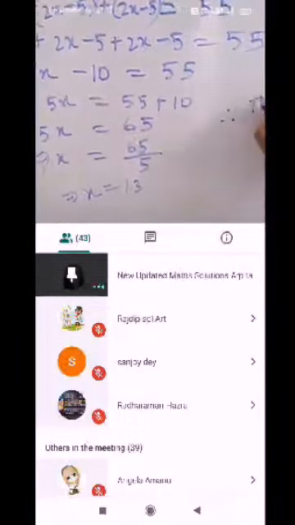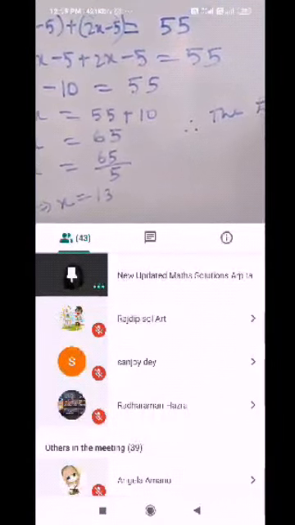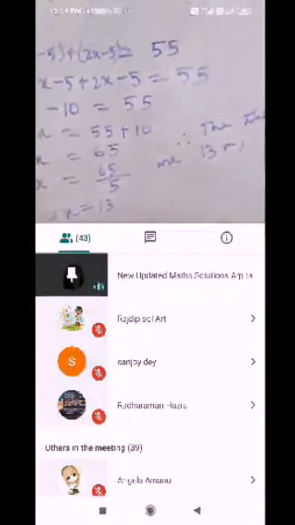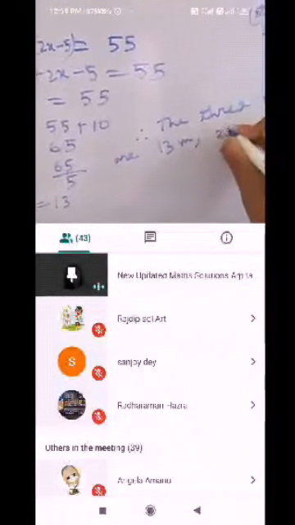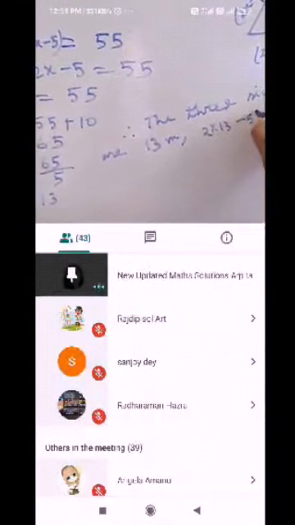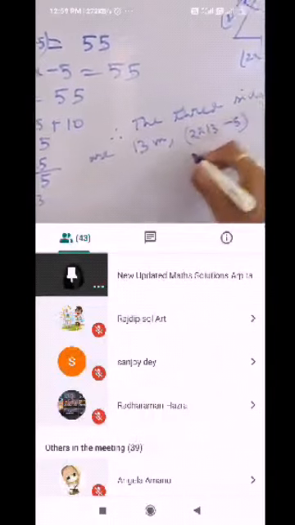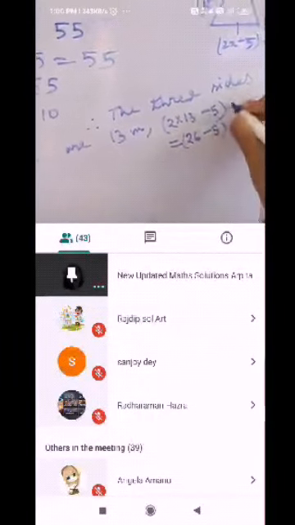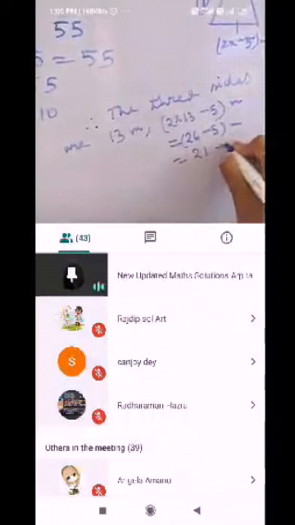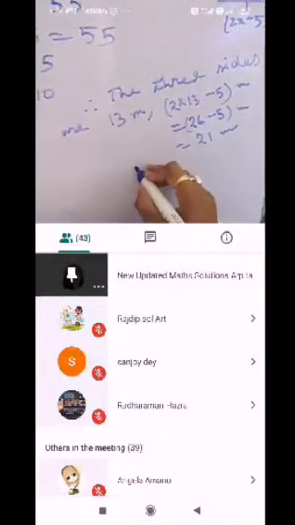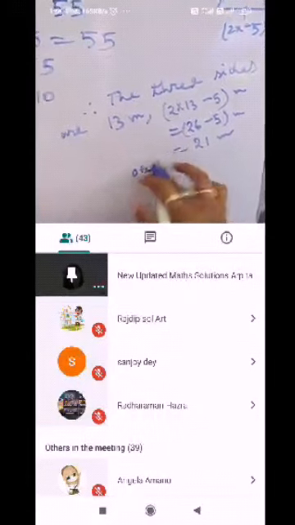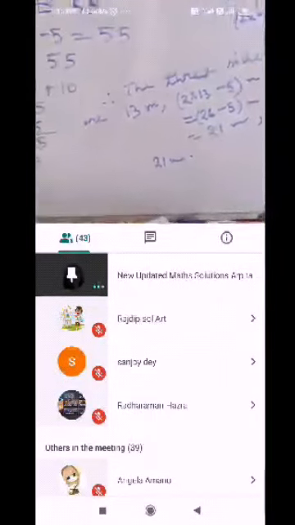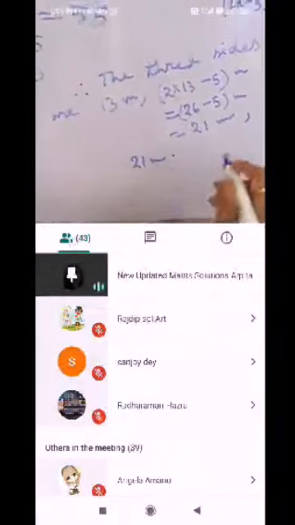So the three sides are: one is 13 meter, another one is 2 into 13 minus 5, that means 26 minus 5, 21 meter. The other side is also 21 meter.